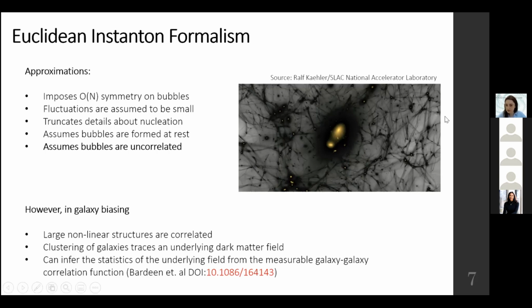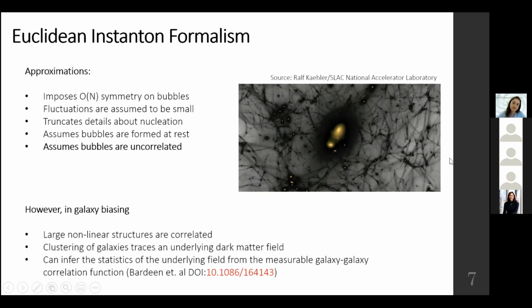And here is the illustration of what I'm talking about. So the dark matter field is this dark web. It exists everywhere, but it clumps up in certain spaces, and at the center of these, they're called dark matter halos, we see luminous matter.